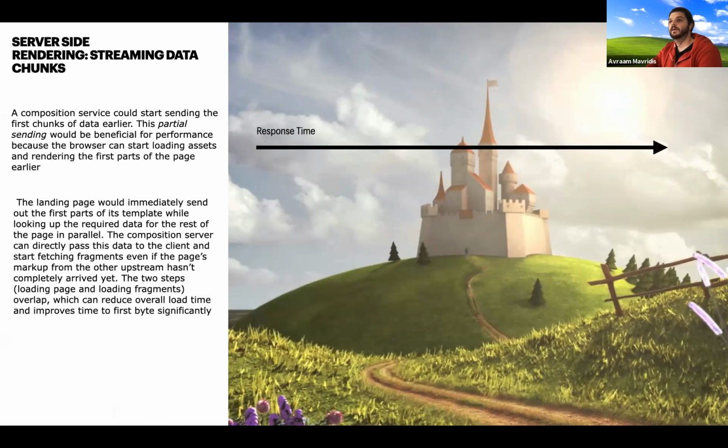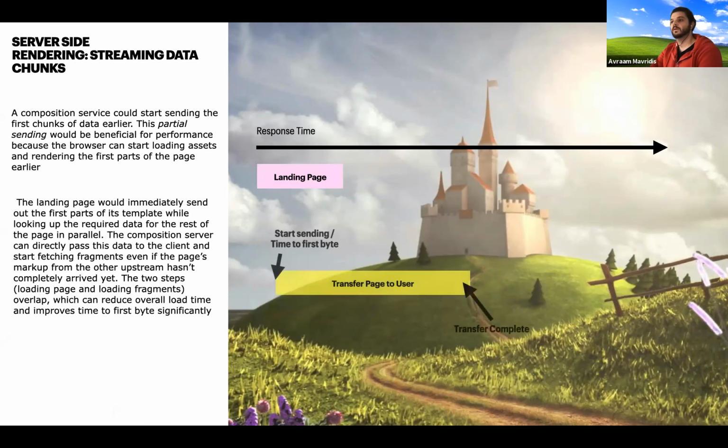And that's the idea: you load the landing page, but as soon as you have it, you start streaming it to the user. And then as you get more data, you keep streaming chunks of HTML, really fast, to the browser. So the browser can start laying out the page.